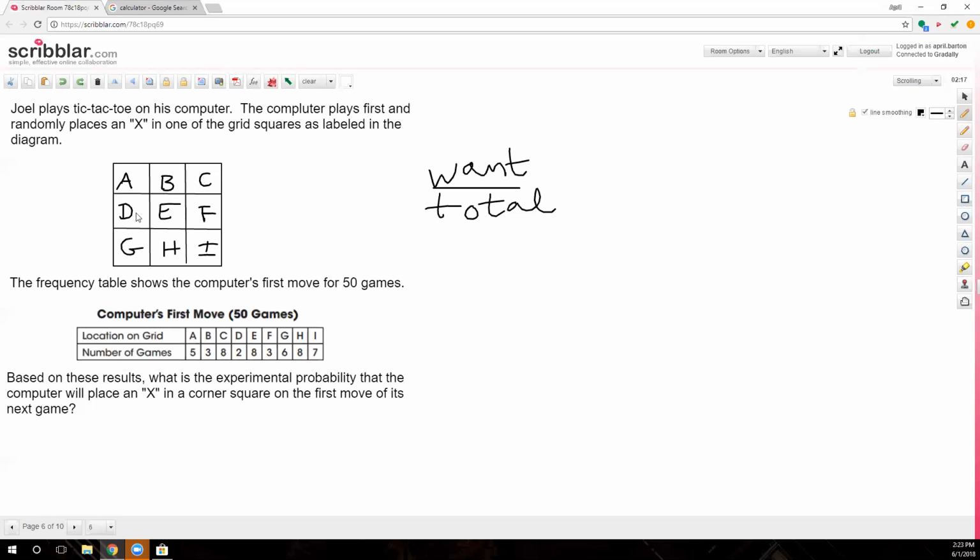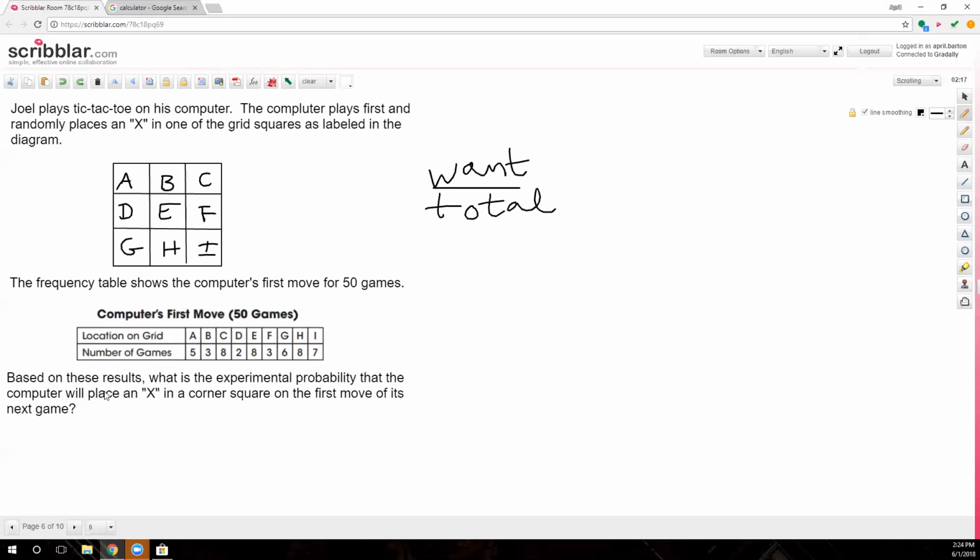So somewhere we'd have an X placed when the computer makes his move. The frequency table shows the computer's first move for 50 games. So it gives us a table, says the first move for letter A, the computer did 5 times, or for letter B was 3 times. So he just tracked every time he played, this is what happened.